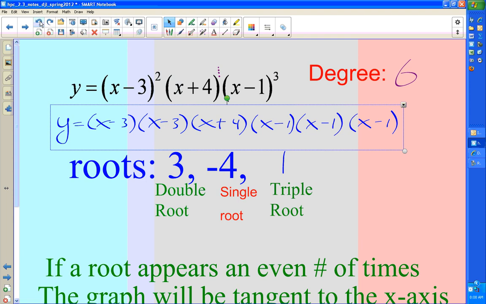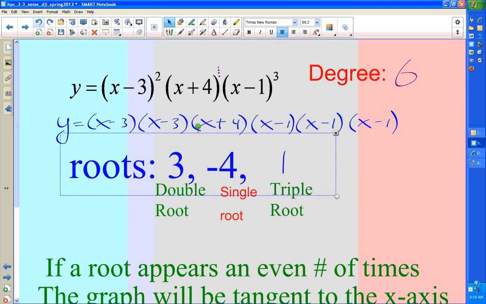And you can see that 3 is a factor twice. -4 is a factor once. And the 1 appears as a factor 3 times. That's how we know that these are going to be single, double, and triple roots.